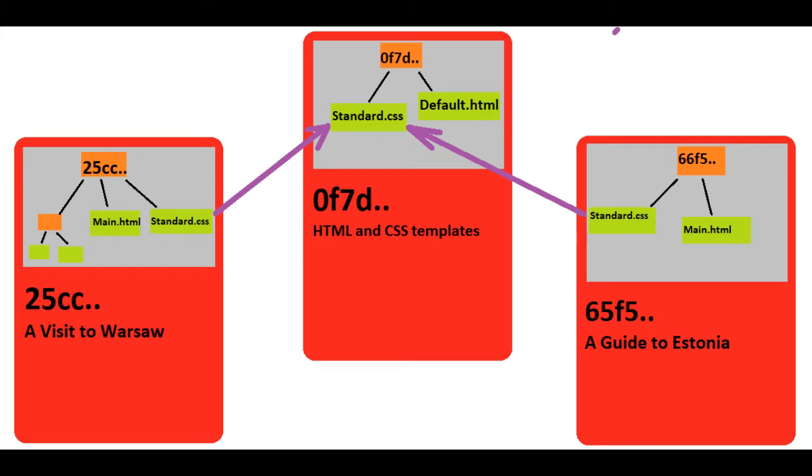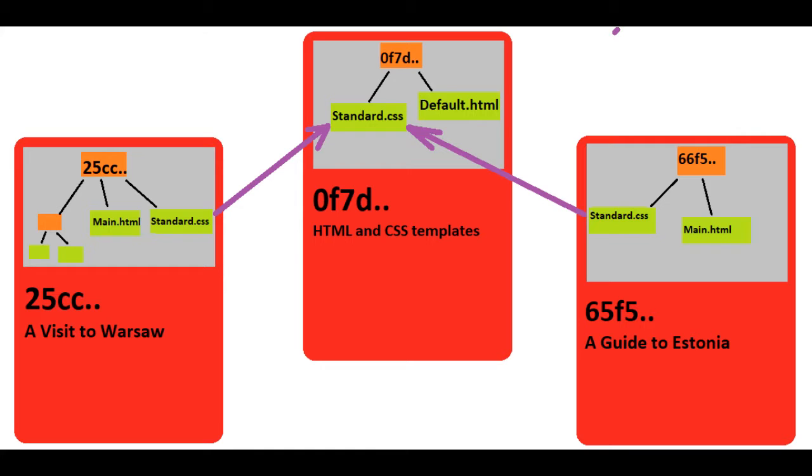But they are linked to the target, which means that any change to the standard.css file in project 0F7D is also a change in the linked instances. That way we can manage and modify the layout for all travel guide projects by modifying just the one file in 0F7D.